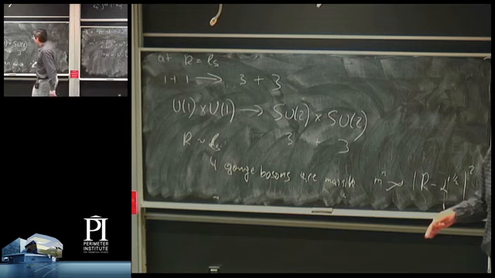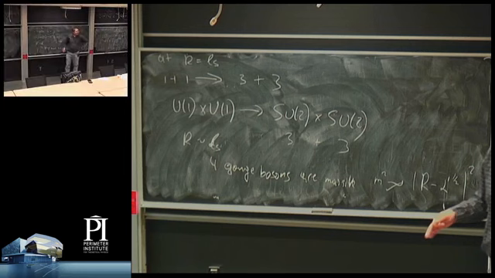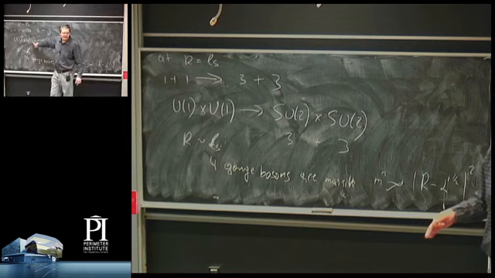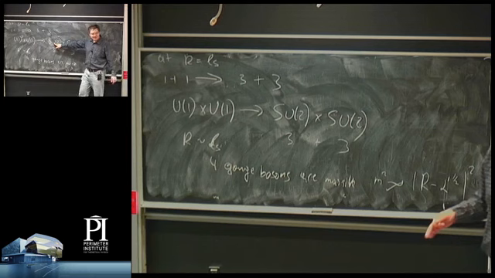So remember that there was a scalar in our discussion, a sigma scalar, the one that was changing the radius of a circle. That scalar didn't have any charge under U1 cross U1. But it turns out that it has a charge under SU2 cross SU2. So it's a charged scalar under this non-abelian gauge symmetry.